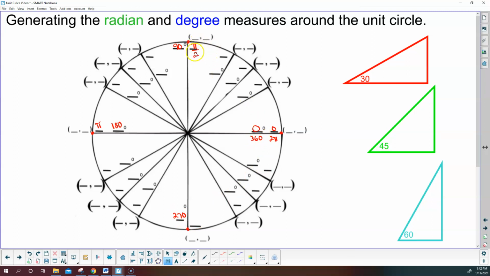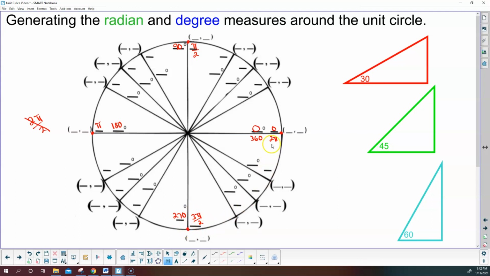But what about pi over 2? Well, if I do pi over 2 plus pi over 2, that's 2 pi over 2, but those reduce out and you're left with pi. So what if I go another pi over 2? That would put me at 3 pi over 2.